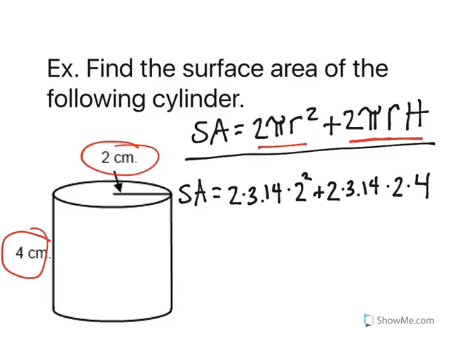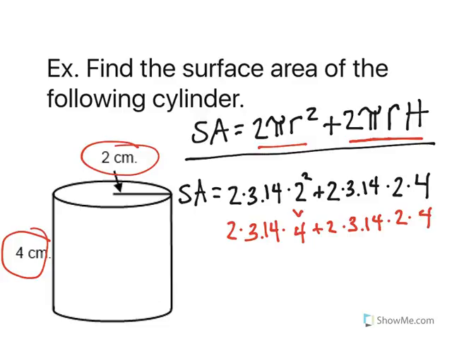Okay, and now we're just going to use order of operations to simplify this. So let's do my exponents first. 2 to the 2nd power is 4. And then I'm going to bring down everything else. Plus 2 times 3.14 times 2 times 4.